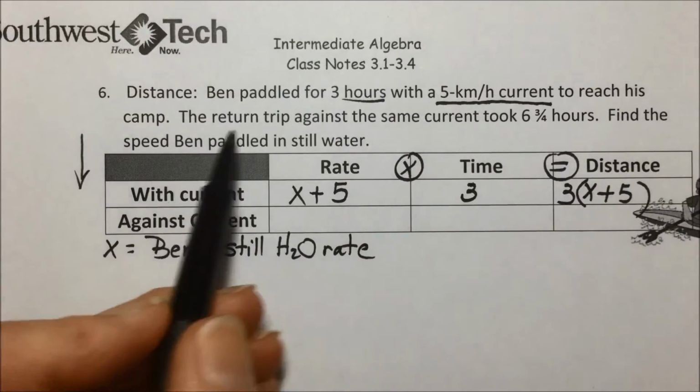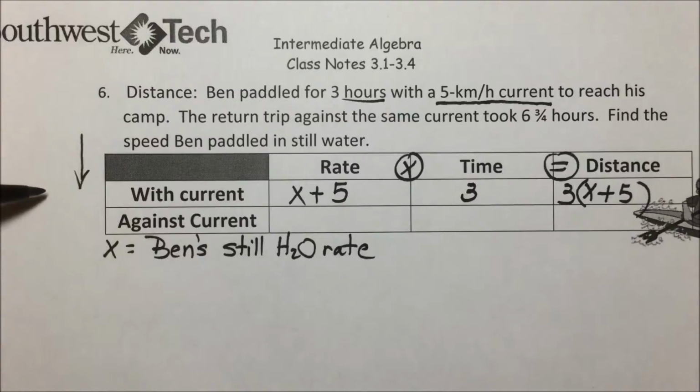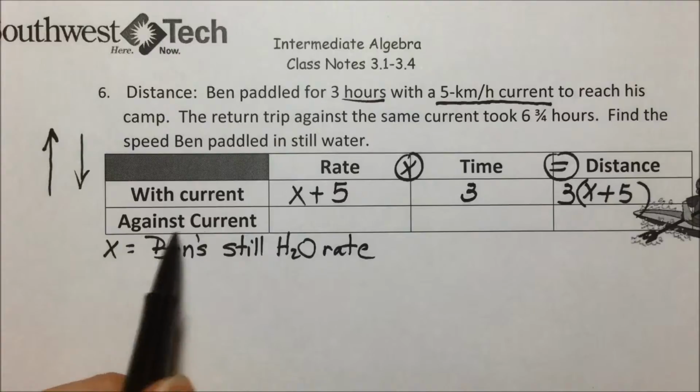We could multiply the rate times the time to give us the distance that he traveled to get to camp. The return trip against the same current, so now he's returning, and that current is dragging his speed down. He's not going nearly as fast.